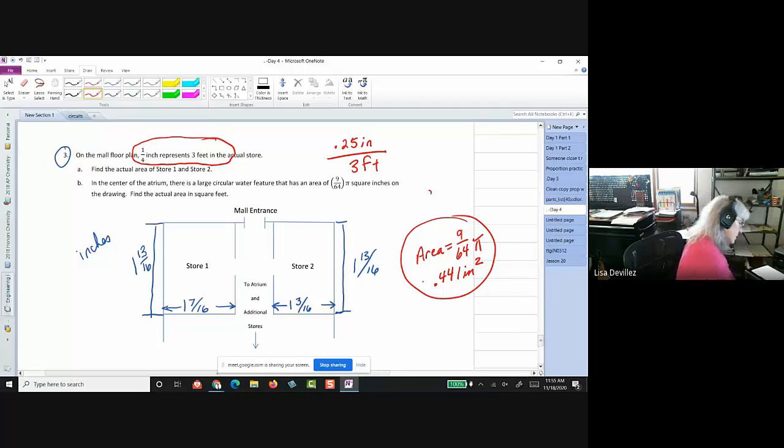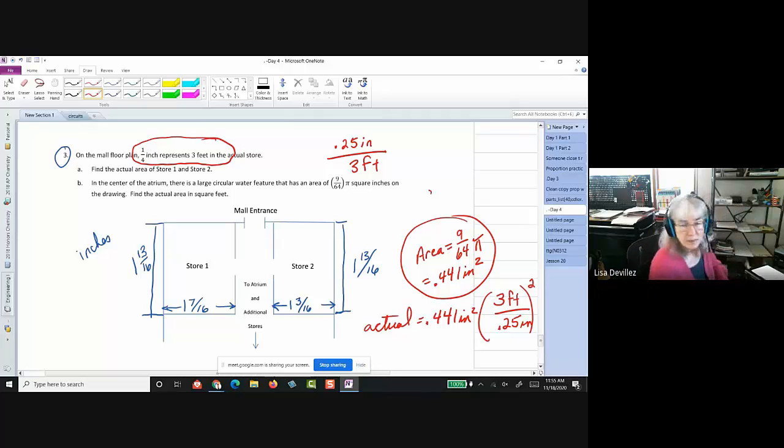That's on the drawing. Then it wants the actual area in square feet. For that one I have the area on the drawing and my scale factor, 3 feet to 0.25 inches, and I'm going to square that. So this would be my actual area for the circular one. This is part B.